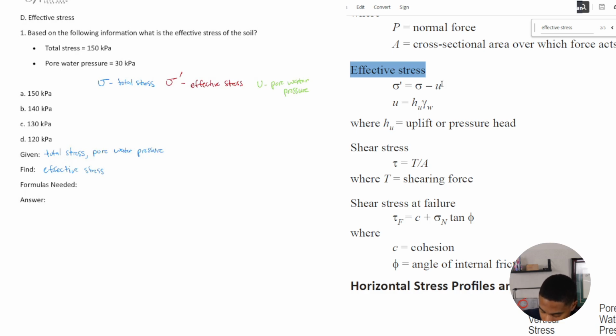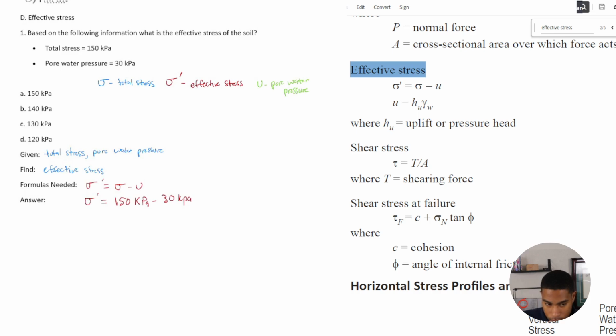So the formula we need is sigma prime is equal to sigma minus U, where sigma prime is equal to sigma or total stress, so 150 kPa, and then minus our pore water pressure, that's U, minus 30.